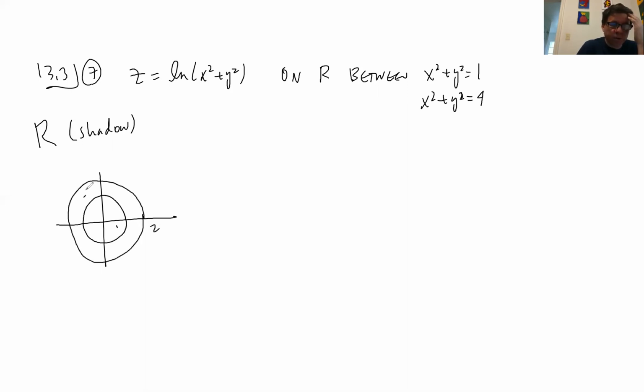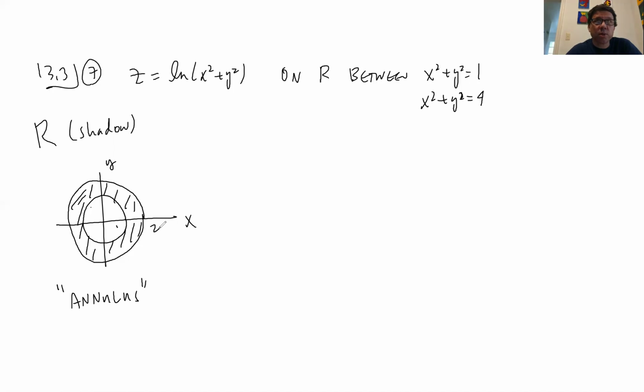So your shadow region looks like a ring. The fancy term for this is called an annulus. You'll see that more in physics class. And so that's just in the xy plane. That's the shadow. Your surface is above it, or potentially below it if it's negative. In this case, it's not going to be negative.